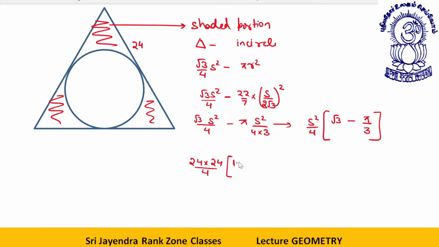Root 3 is 1.732, minus pi, which is 3.14, divided by 3. This I can say is 24 into 6, into 1.732 minus 3.14 divided by 3, which will give me approximately 1.05. I hope all this is visible. Yes, it is clearly visible.